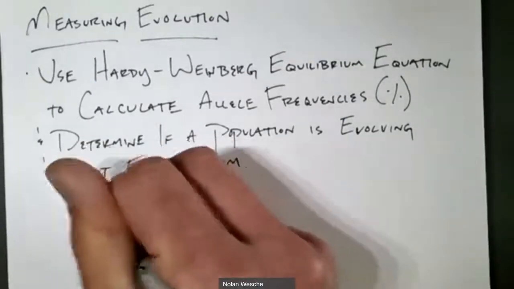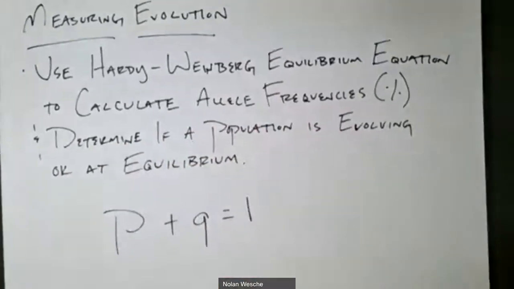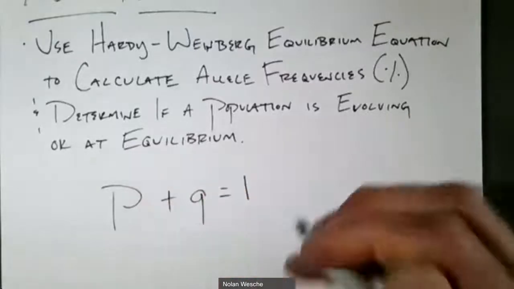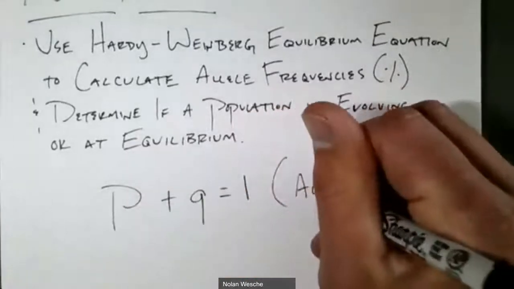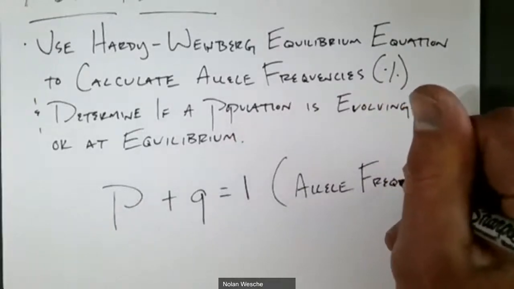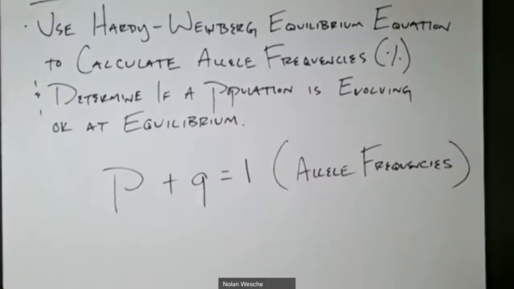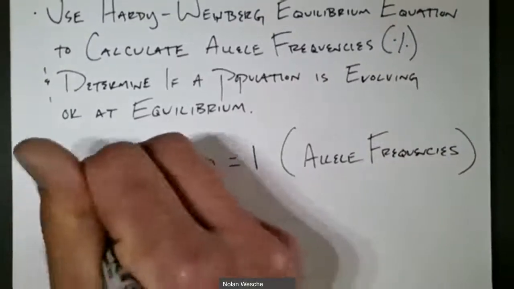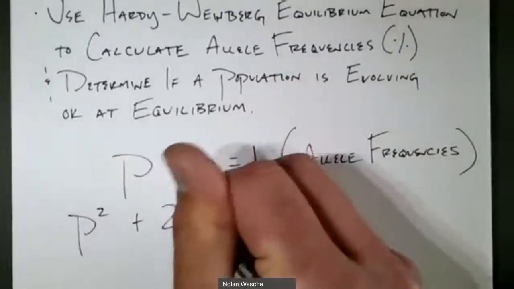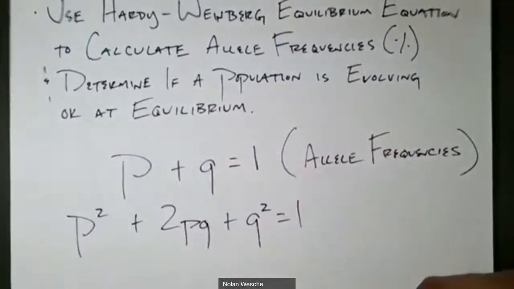So our equations are these: P plus Q equals 1. And P and Q, those are allele frequencies. And then our other equation is P squared plus 2PQ plus Q squared equals 1.